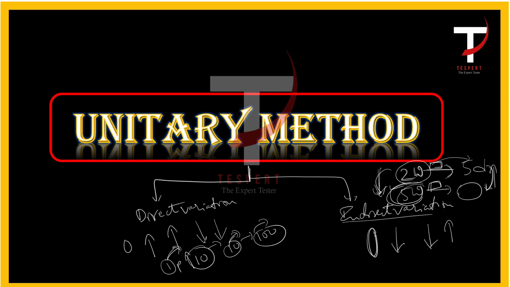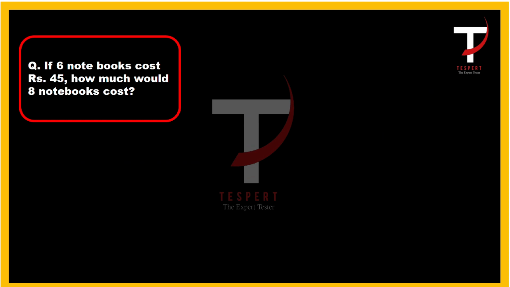Let's solve some more problems. If 6 notebooks cost 45 rupees, how much would 8 notebooks cost? Here, if 6 notebooks cost 45 rupees, how much would 8 notebooks cost?